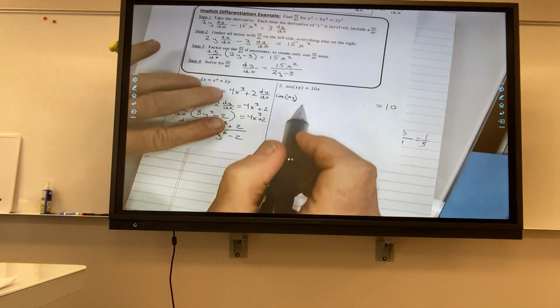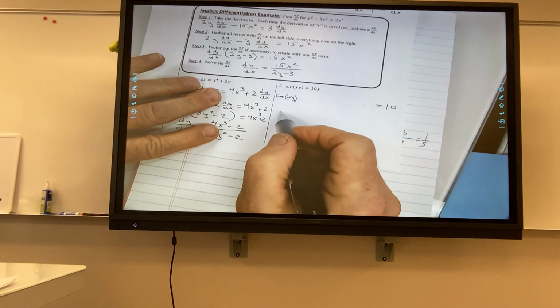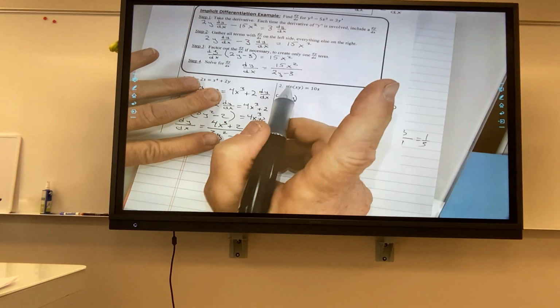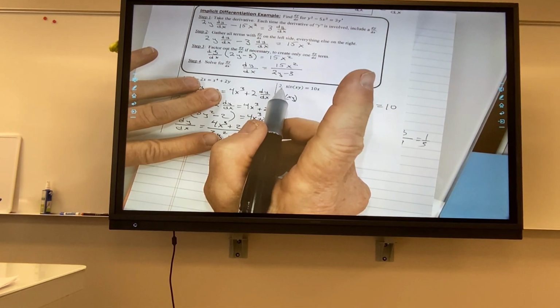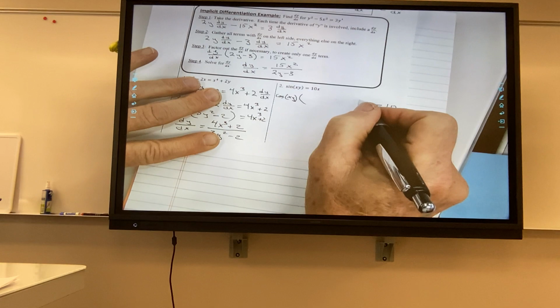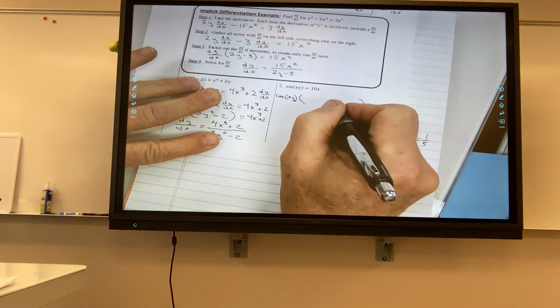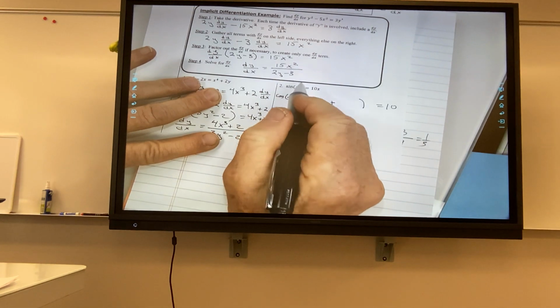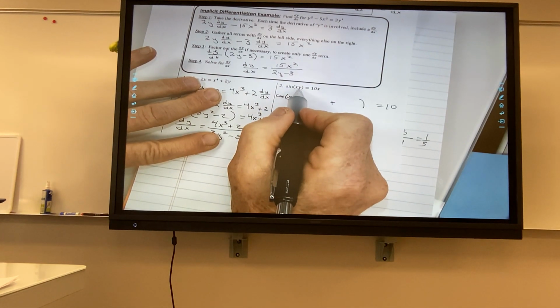Why did I do that? What's happening to x and y? They're being multiplied. So because they're being multiplied, I have to do what? The product rule. So there's going to be a big thing in here, right, with a plus in the middle? Yep. So you either have to take the derivative of x or the derivative of y. Which one do you want to take the derivative of?